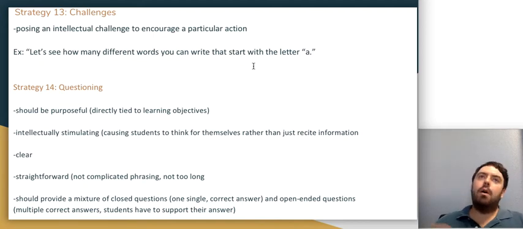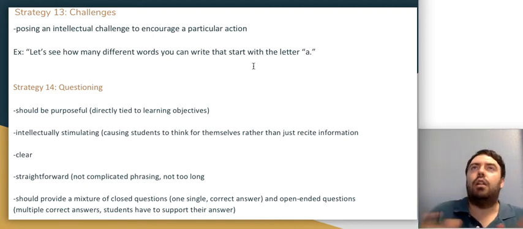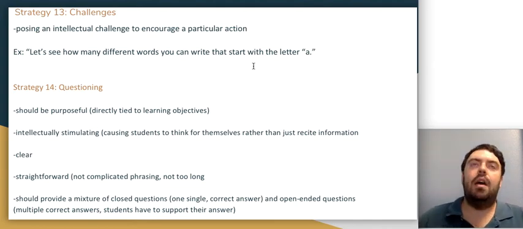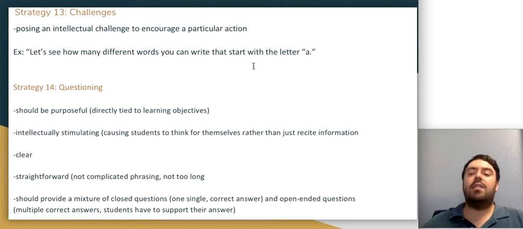In fact, most of your questions should not be closed like that question where there was just one correct answer. Instead, most questions should be open-ended, where there's various answers. And students have to justify which answer they picked based on evidence or reasoning to support their thoughts.